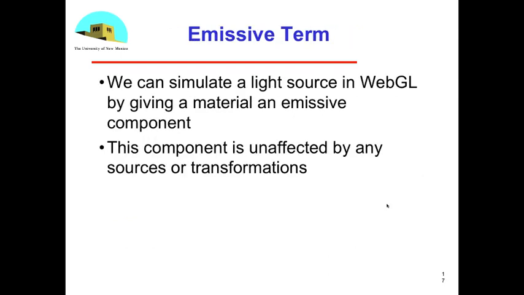Okay, we haven't said anything yet about emission. You can add an emissive term. The way it's done in WebGL, when people were doing scenes of rooms, they would ask, what if there's a fluorescent light in that room? What do I do with it? One way to think of it is you treat it like any other geometric object.